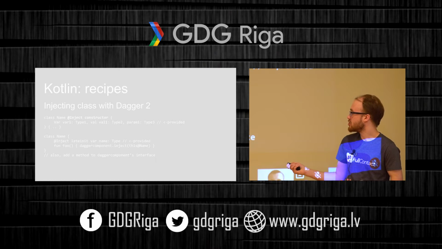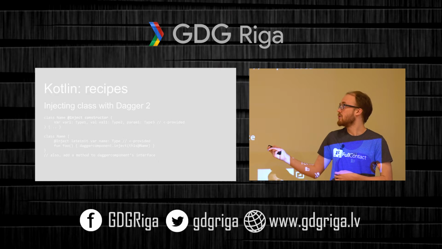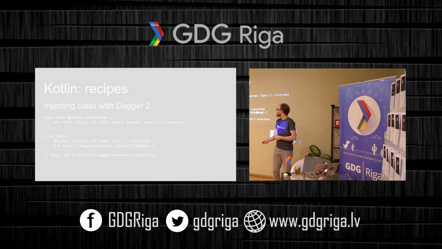Otherwise, Dagger can't inject it. If you want to inject a constructor, which is the injection type that we use the most, you have to add the constructor keyword and add the inject annotation to it. And that's how you use Dagger with Kotlin. It's pretty simple, but until you figure out the exact placement of keywords and annotations and what goes where, because it goes in a little bit different places in Java.